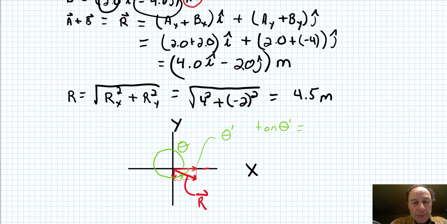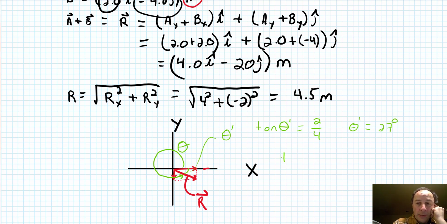That's just opposite over adjacent. So that's going to be 2 over 4. Note that I'm leaving out the negative sign because I'm just taking the magnitude here because I'm measuring in the negative direction. All right, so that makes theta prime equal to about 27 degrees.